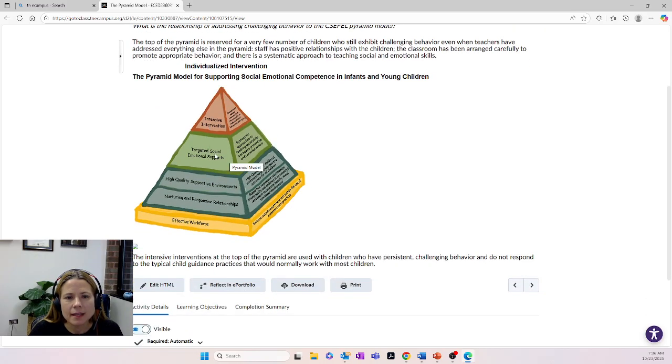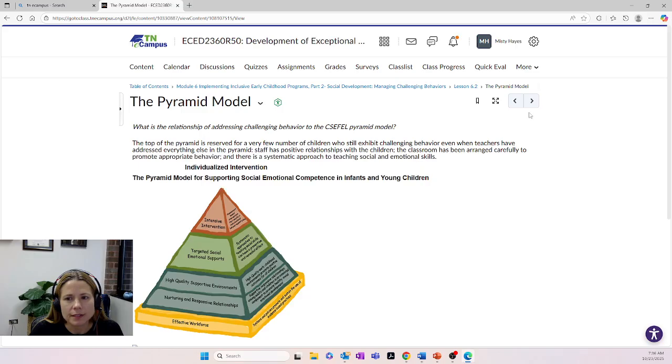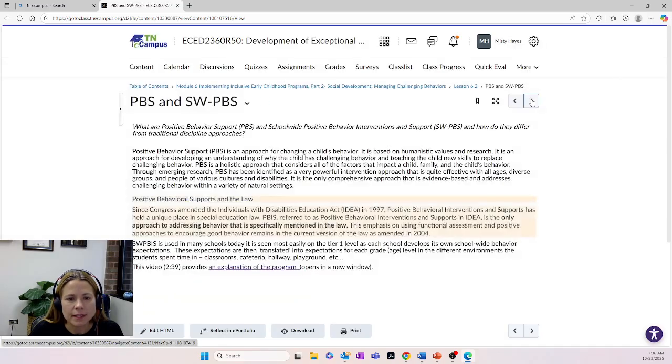And those who may be on the line there, you have your targeted social emotional supports. This is just a structured approach to teaching those social skills, right? And then you have your high quality supportive environment, a nurturing and positive environment, and then that makes an effective workforce. So this model just gives you a good indication of what it is when we're trying to look at social emotional behaviors.